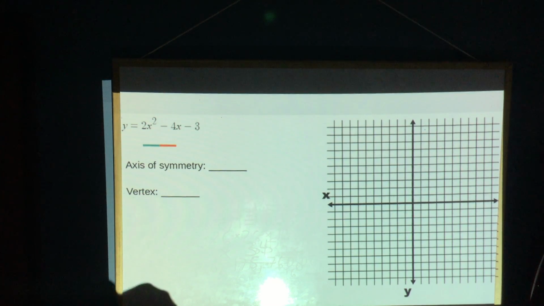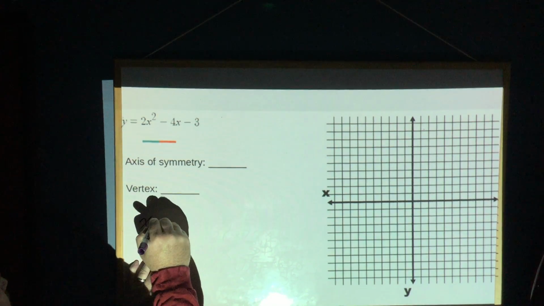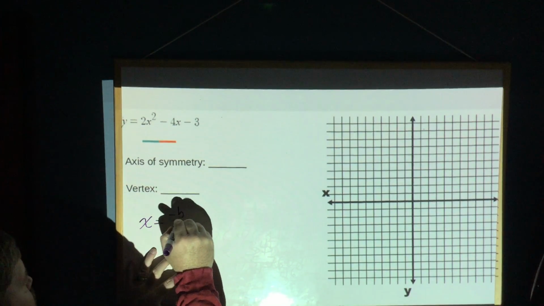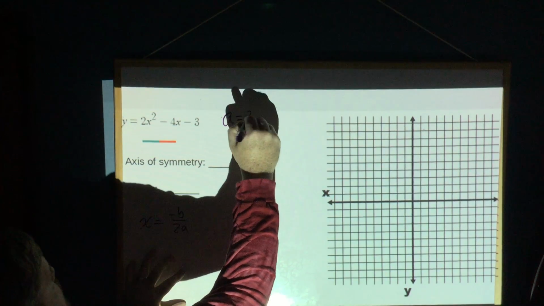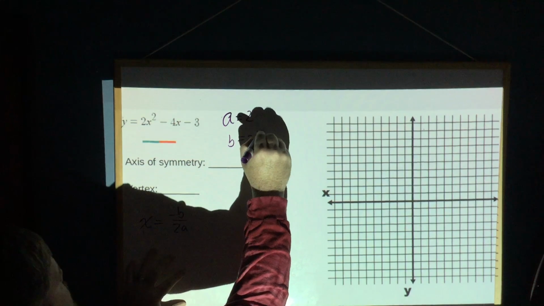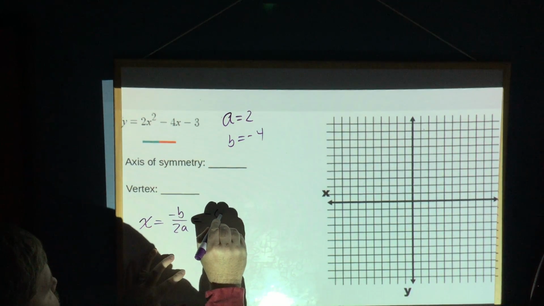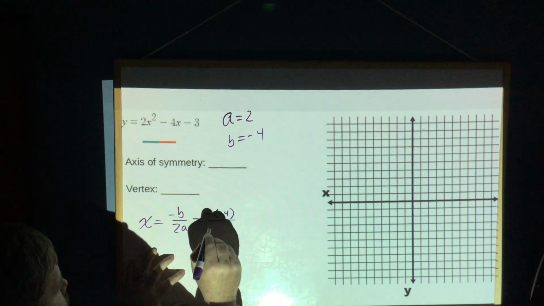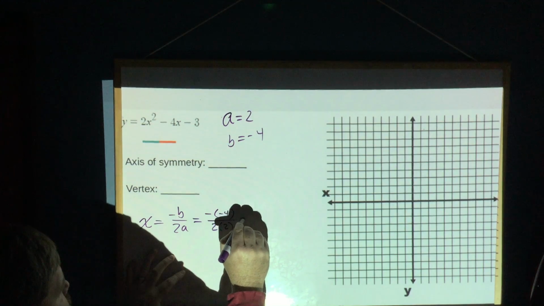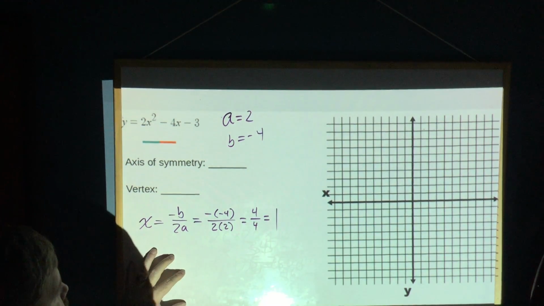To find the axis of symmetry, we need to use our equation x equals negative b over 2a. Well, a is 2 and b is negative 4. So that's the negative of negative 4, or the opposite of negative 4, if you want to say it that way. And then 2 times 2, so we get 4 over 4, which is 1.